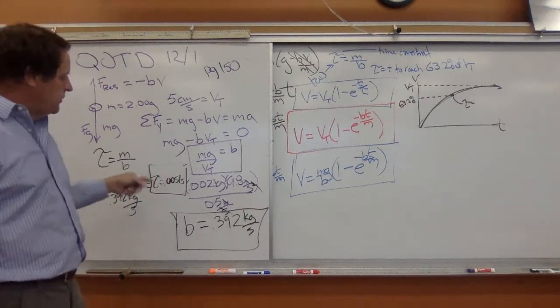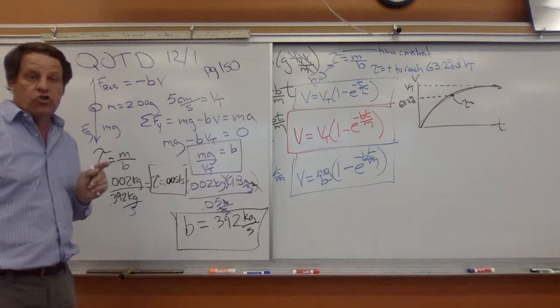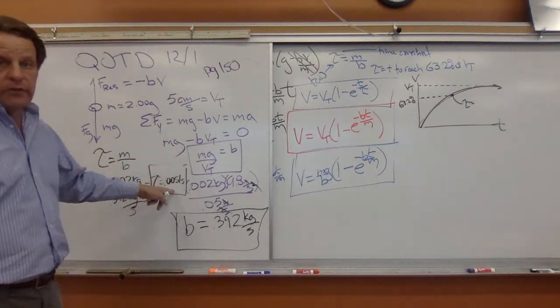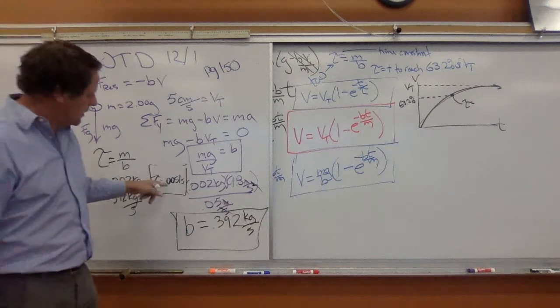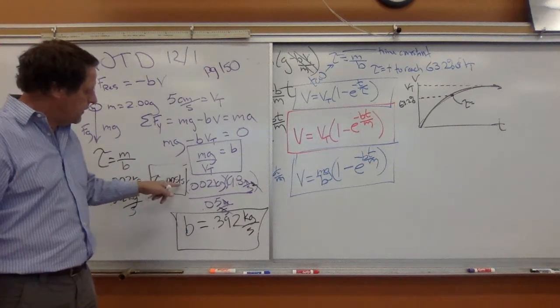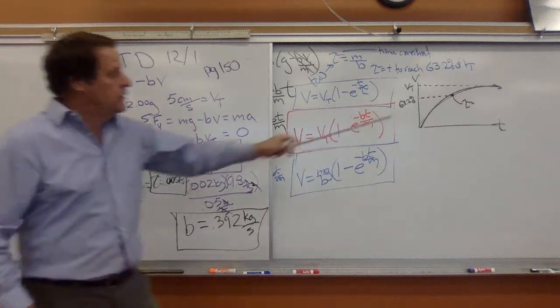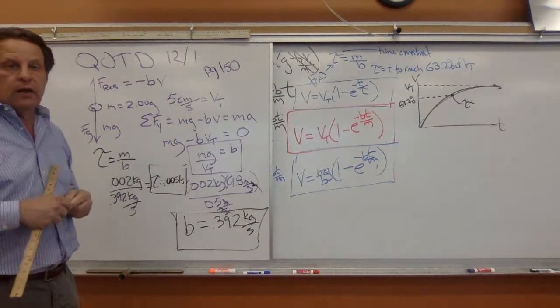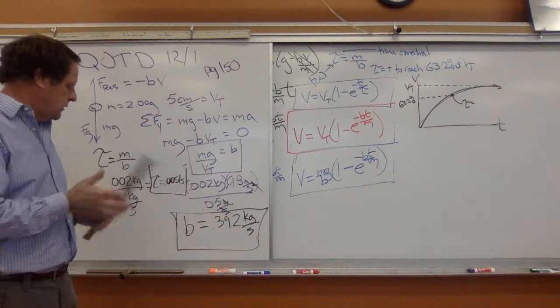Okay, so this is essentially the equivalent of part 2 or part B of your question of the day for 12.1. All obviously different numbers here. So it basically is going to take 0.0051 seconds to reach 63.2% of its terminal velocity.